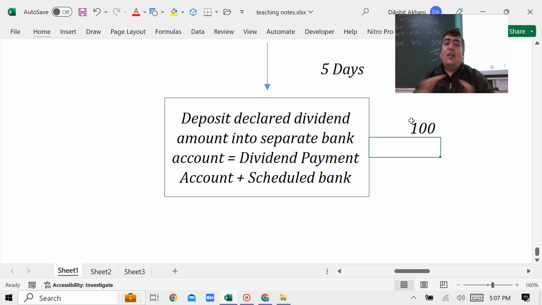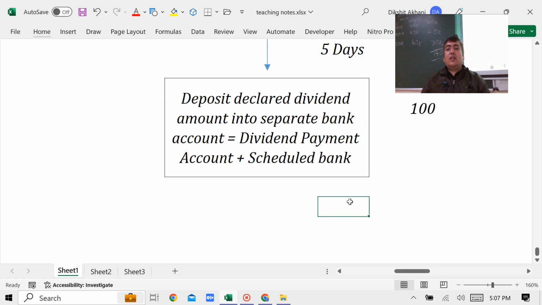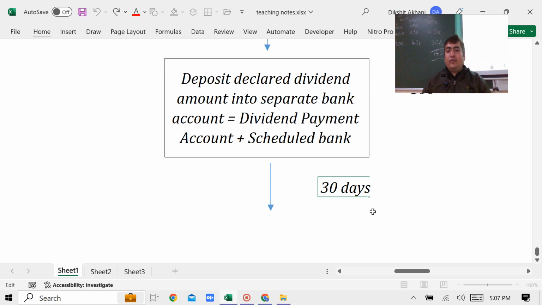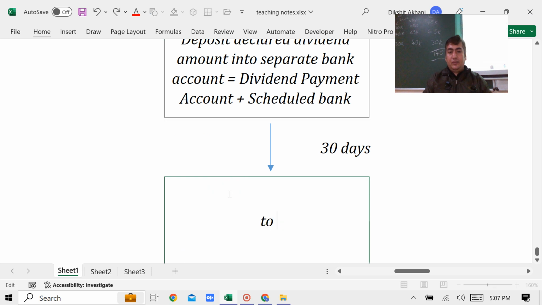Now, once it is deposited, you have another 30 days. Now, this is very interesting. What do you mean by 30 days here? You have 30 days to pay the dividend to all the shareholders.